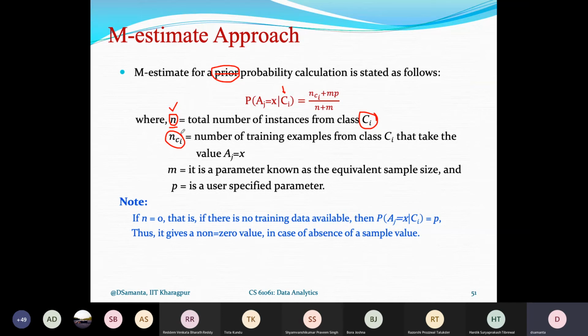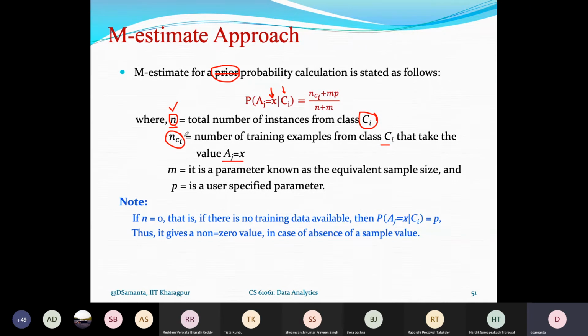It denotes the total number of training instances from class ci that take the value aj equals x. For a sample x which is not present in the training data, but for which we want to calculate the posterior probability, nci may be 0, because there is no such value.